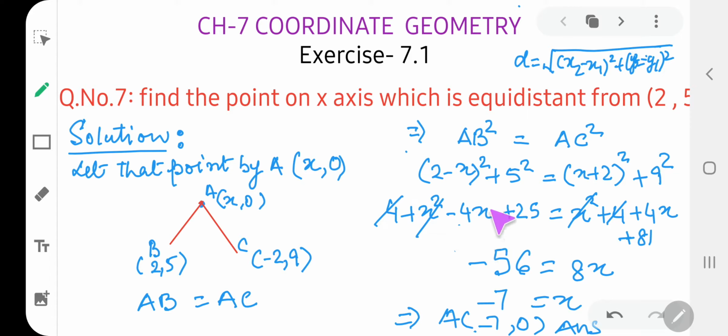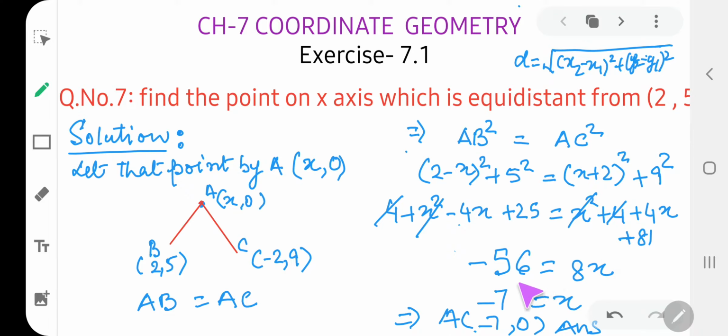Now on one side I'll take the terms with x, and on the other side I will take only the constant term. So this minus 4x, when transposed to that side, it will become positive 4x. So 4x plus 4x will give you 8x. Similarly, here you have 25. When you bring this 85 this side, it will become minus 85.